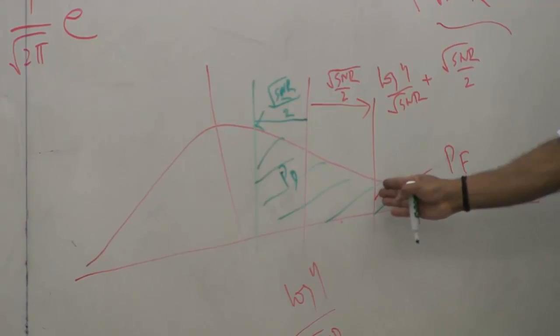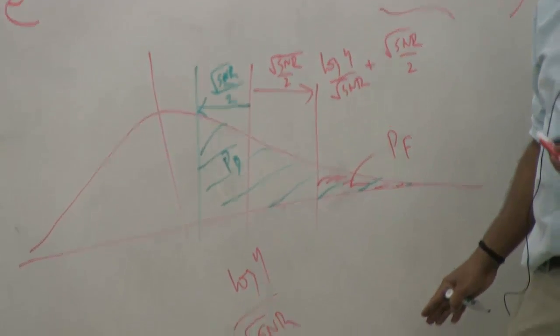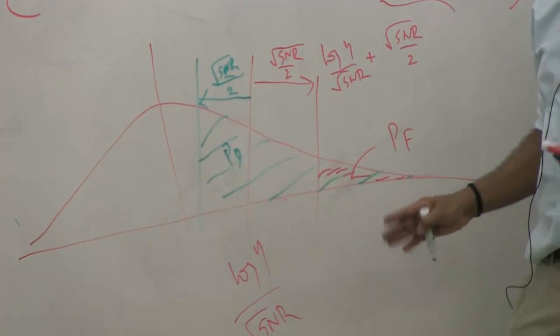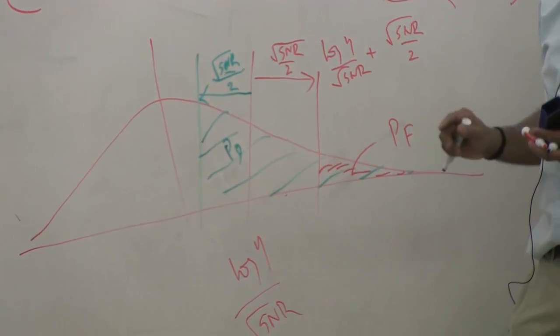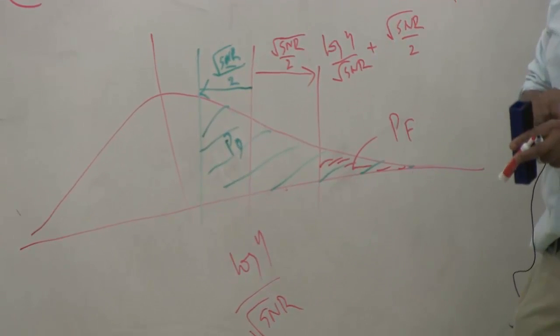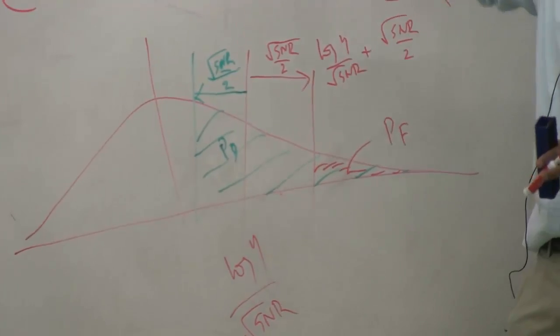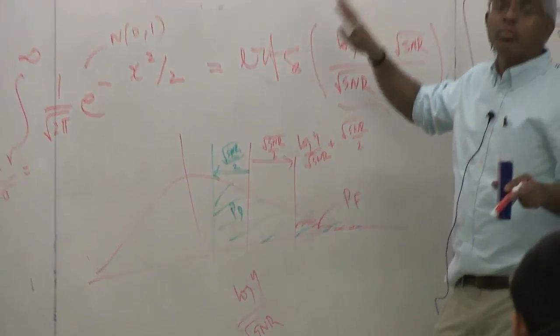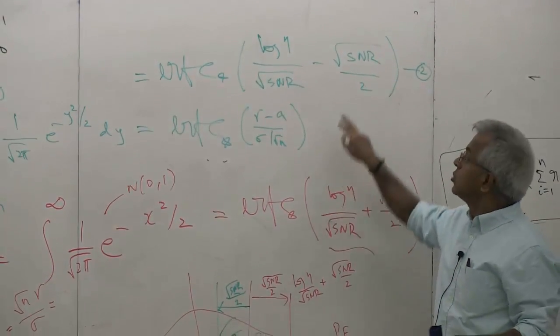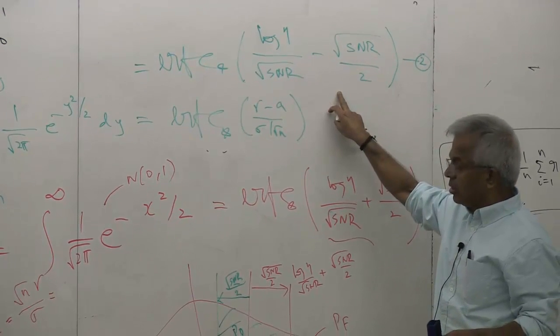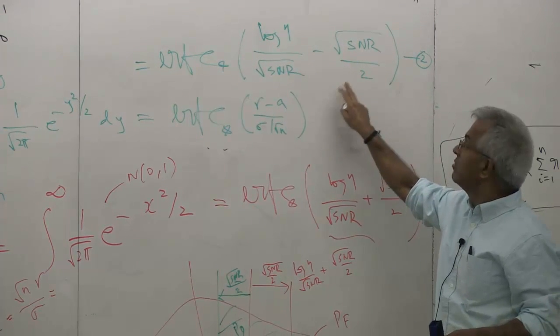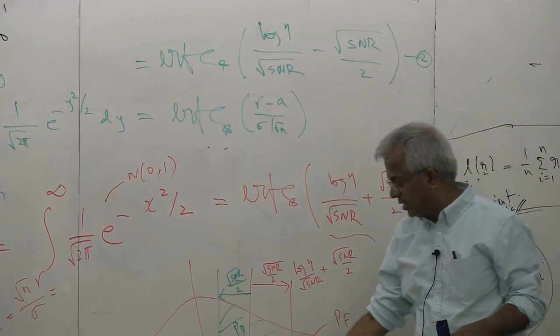But you see, I already showed you earlier, if you change the threshold, both increase. Let me show you that next time. And so this is what I mean by solving a problem completely. So what happens if you increase the SNR? Look here, if you increase the SNR, you can physically see this.